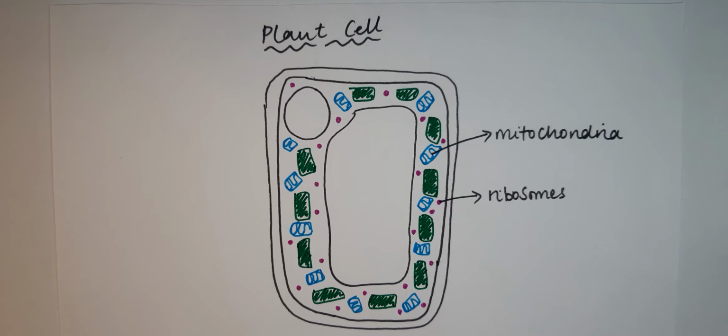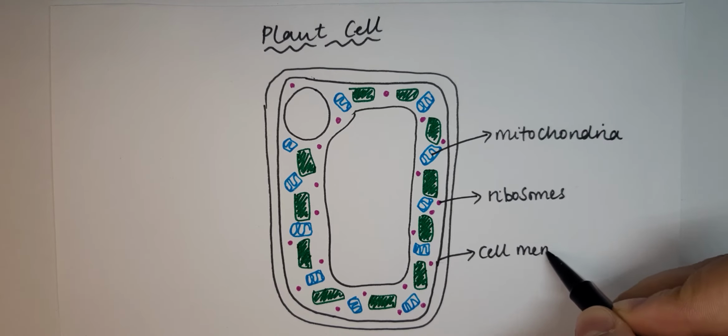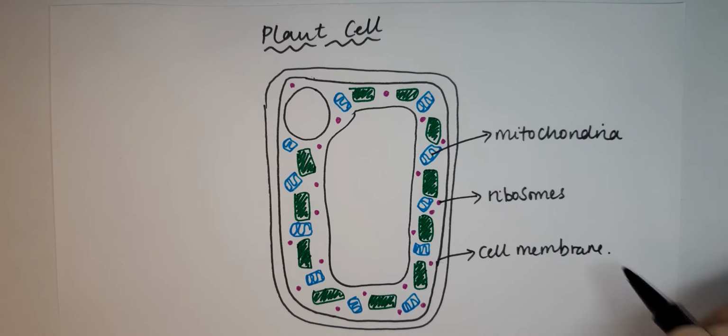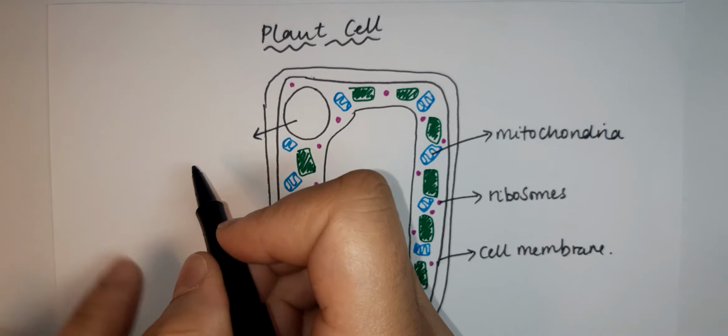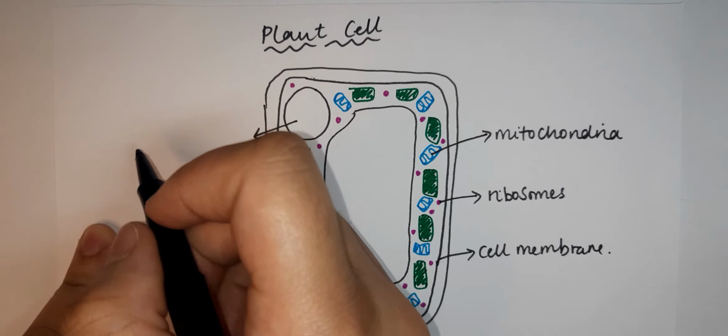And we've also got a cell membrane here. And that holds the cell together, just on the inside part. We've also got a nucleus, which is exactly the same as before. It has the genetic material and controls activities inside the cell.